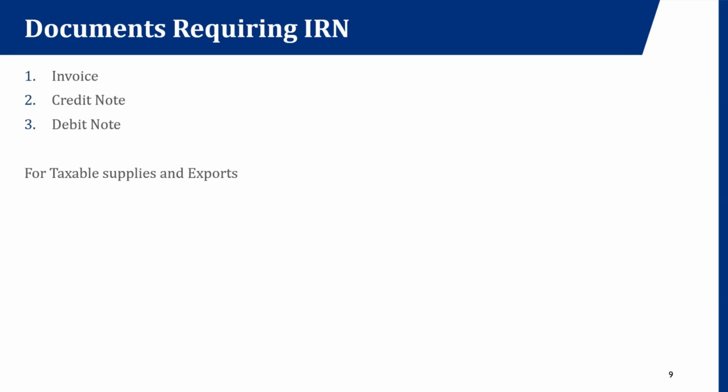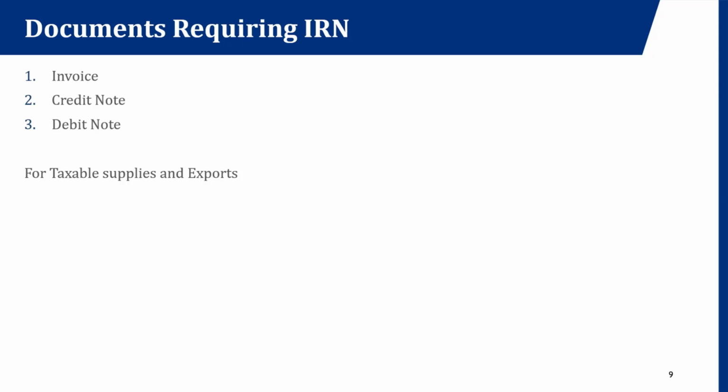Now the question arises, what are the documents which can be generated through e-invoice? Because the name suggests it is e-invoice, but it's not just invoices, but others also. The documents which can be generated are your invoice, specifically tax invoice, credit notes, debit notes. These three things can be generated, and exports also.